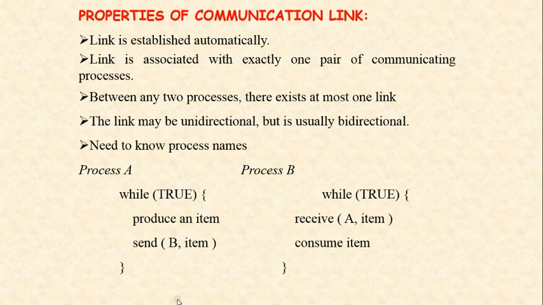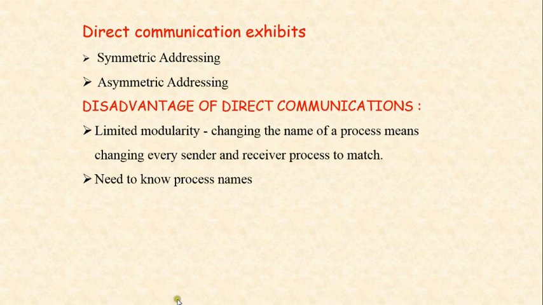A link is associated with exactly two processes. Between each pair of processes, there exists exactly one link. The link may be either unidirectional or bidirectional. This scheme exhibits symmetric addressing and asymmetric addressing.